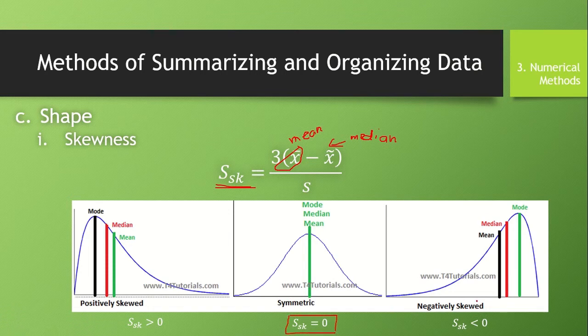For negatively skewed data, the data are clustered more on the right side of your curve. So that's when the skewness is less than 0, meaning the skewness contains negative values.